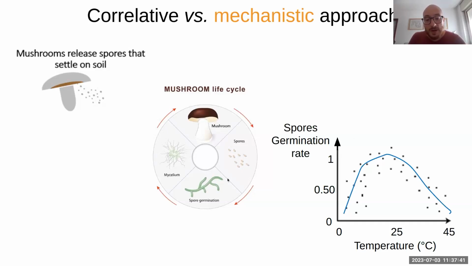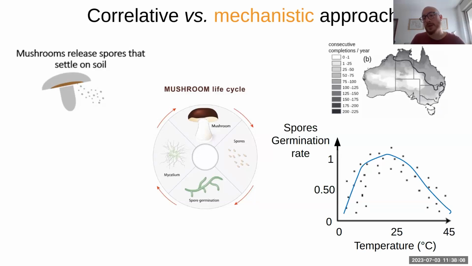And again, if we want to try to map and understand the distribution of a given mushroom species, what we can do is take a sample of spores, bring them to the lab, and then investigate their germination rate under different temperature conditions, from which we can then build a curve and use this information to map, for example, the consecutive number of generations that we have over here.